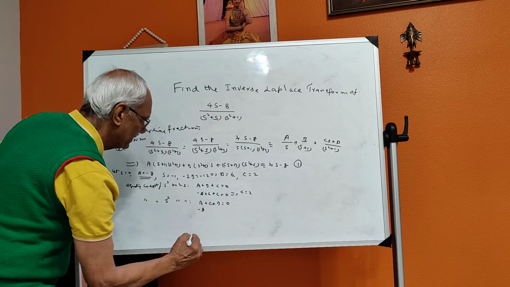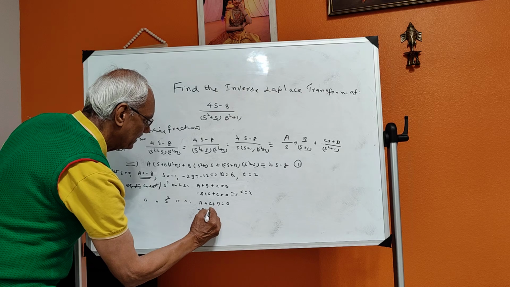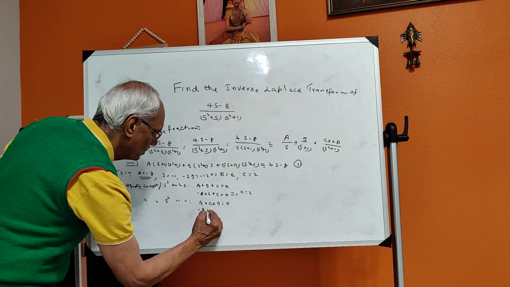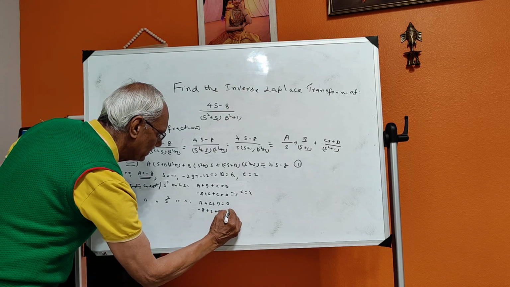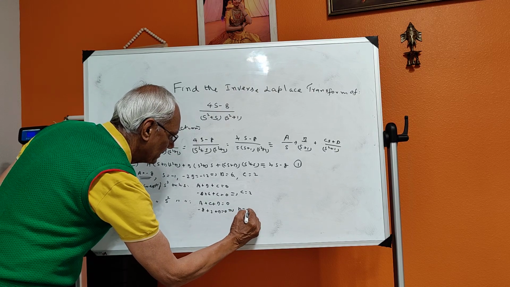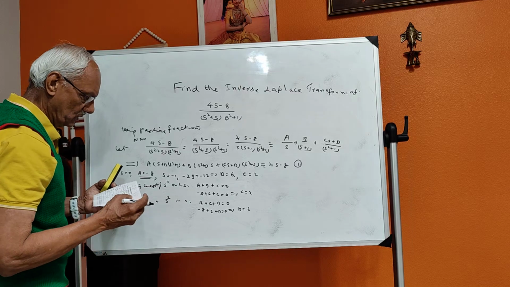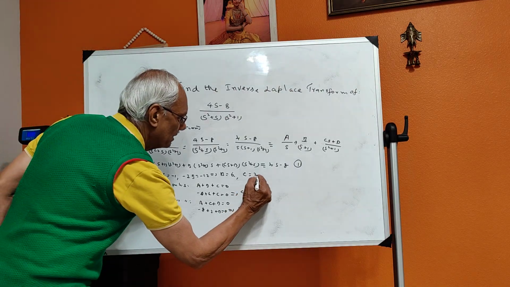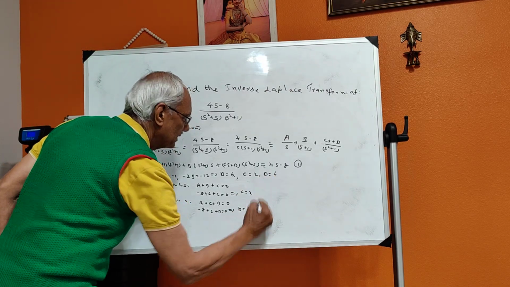A is minus 8 and C is 2, plus D is equal to 0, which implies D is equal to 6. So you get the value of D is equal to 6.